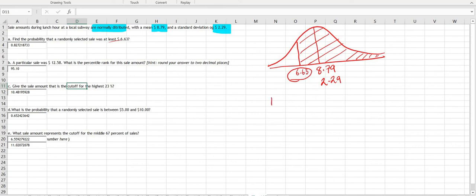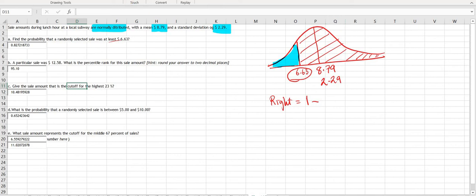So to find the area to the right, you're going to use this function: 1 minus, that is the whole thing, minus the area to the left, which is blue here. If I take the whole thing and cut off the blue area, I'm going to end up with the area shaded in red, which is exactly my answer.